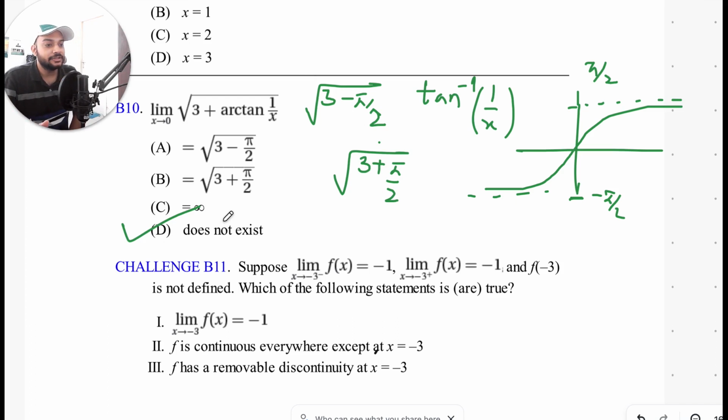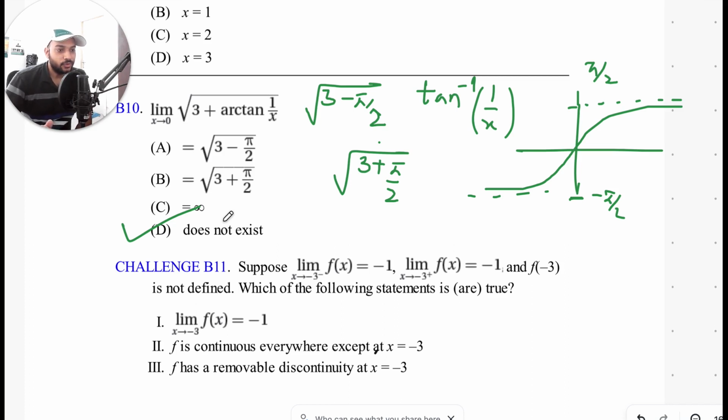Okay, now here's a challenge, B11. Suppose limit x tends to -3 minus, or left hand limit at x is equal to -3 of f(x) is equal to -1, and limit x tends to -3 plus, or right hand limit at x is equal to -3, is -1 again, and f of -3 is not defined. Which of the following statements is or are true?